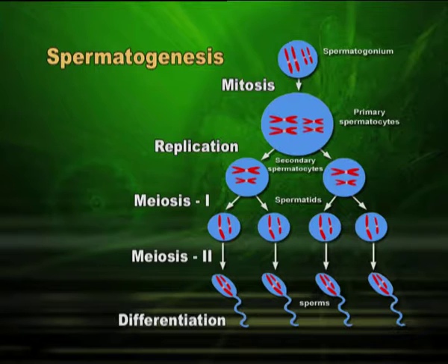The point for you to understand is that one spermatogonia will give rise to 4 sperms. Now, you have understood the process. In spermatogenesis, one cell gives rise to 4 cells, and 4 cells will give rise to 4 haploid male gametes, sperms. That means there are so many spermatogonia and millions of sperms are produced.